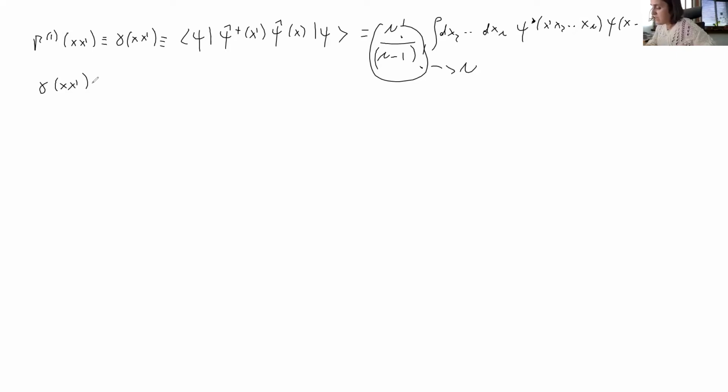So you see, if you take the diagonal part of this one body, this is precisely the density. You get that x prime is equal to x, so this is xn, and you can write it like x, x2, xn square.